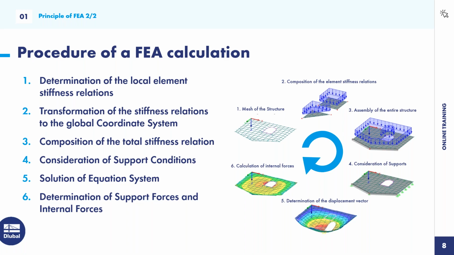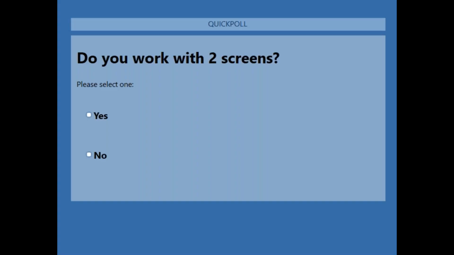In order to estimate the training and also the pace of today's training, I have prepared some polls. So the first poll is about working with 2 screens. It would be good to know that, because then we adapt our pace to the online training.